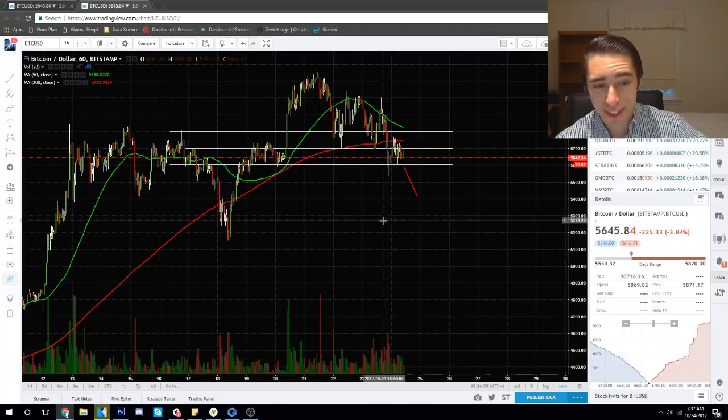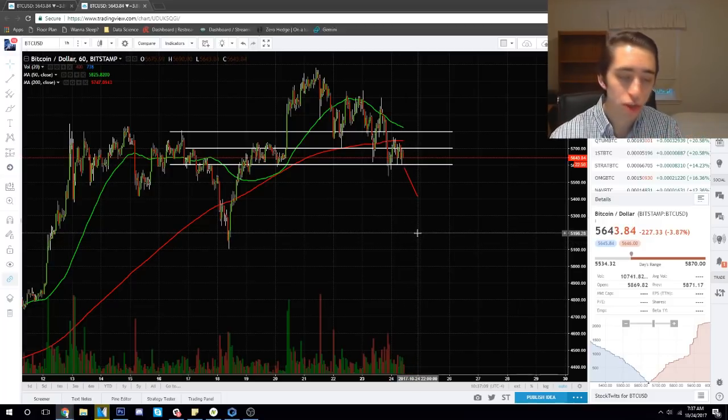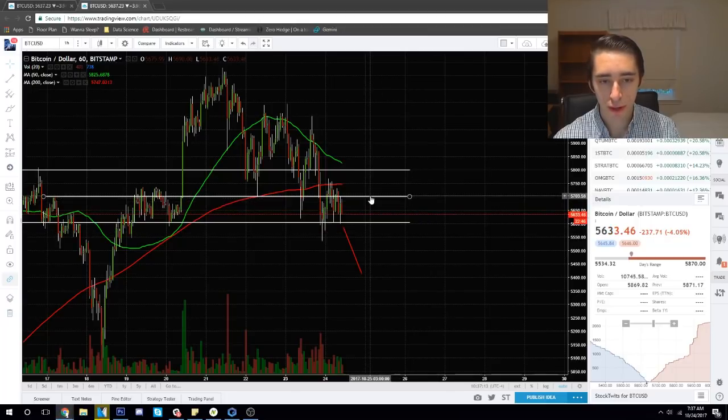But after it contests that, nothing really until 5,100. That could be a great trading opportunity. And this is where we can assume that we have a good risk to reward profile. And we could, of course, set a stop as well if it comes back up here to 5,700. And we lose a little bit of money, no big deal.